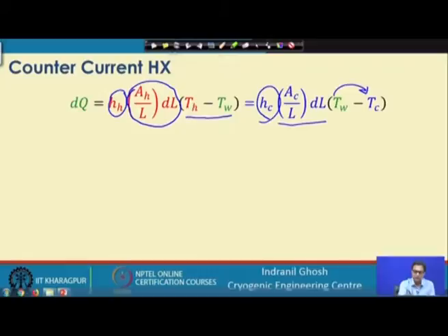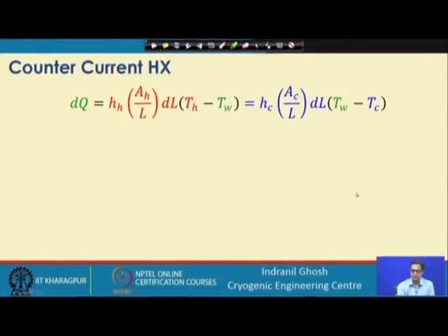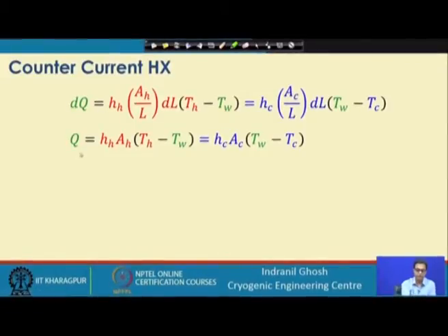Now, if we integrate this equation over the entire length, this dq becomes q and this heat transfer surface area becomes A_h. So, the overall equation becomes h_h A_h into T_h minus T_w, and on this side T_w minus T_c and the cold h_c and A_c.